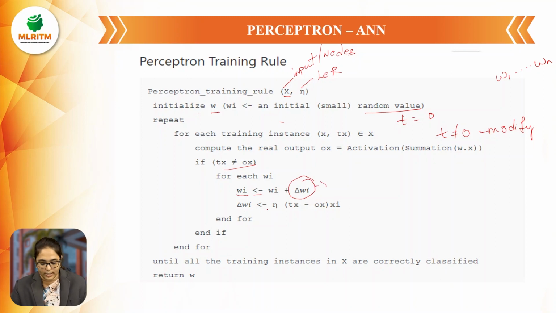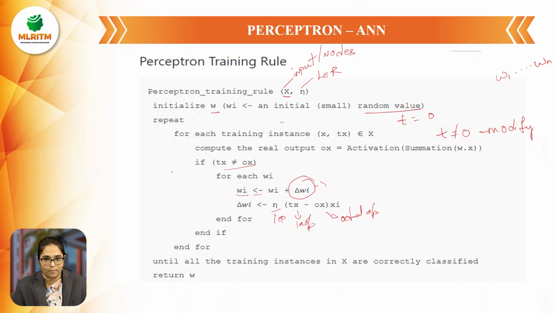Delta Wi is equal to the learning rate n times t minus o of xi. Here n is the learning rate, t is the targeted output, and o is the actual output. Then after modifying the weights, you update the weights and repeat the same process.